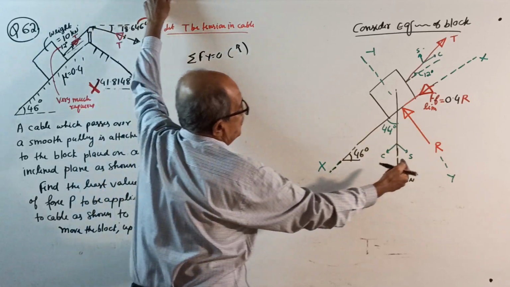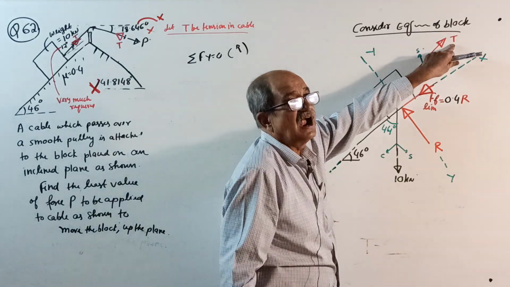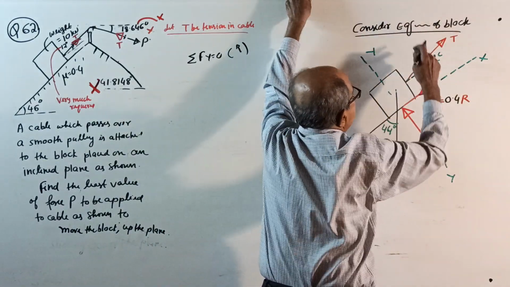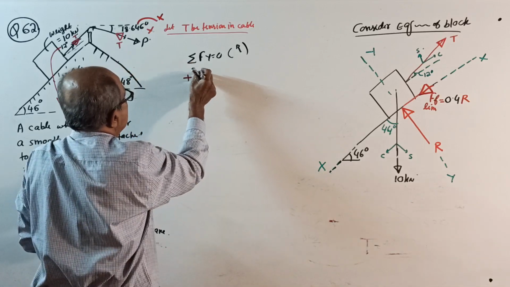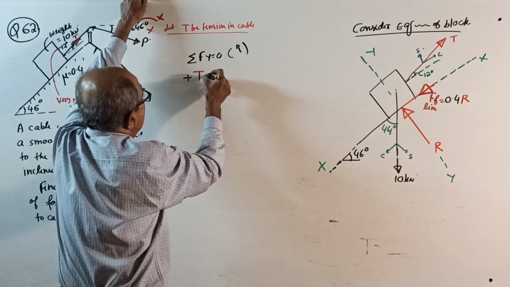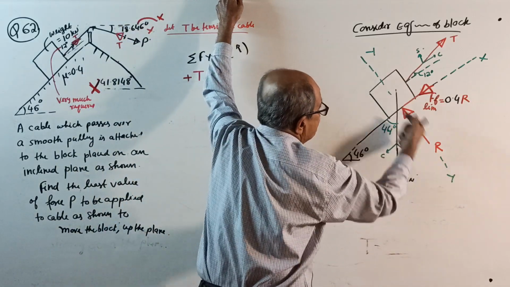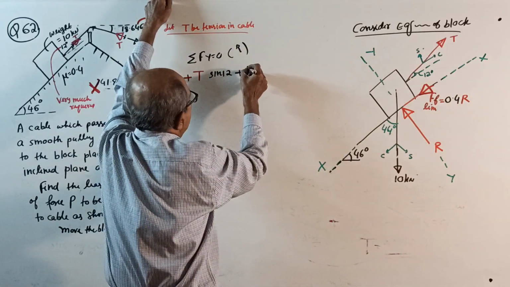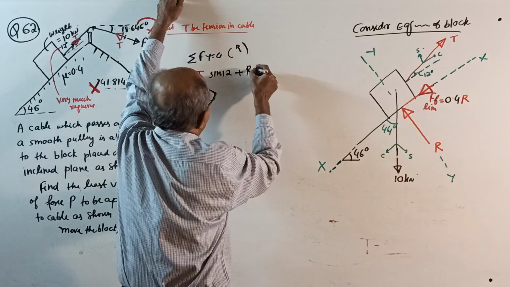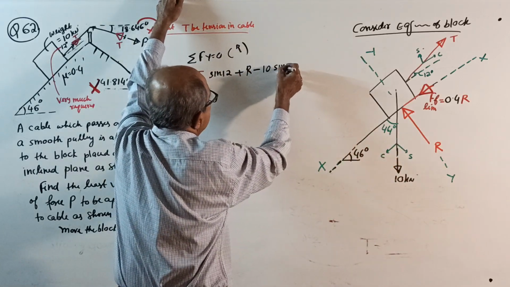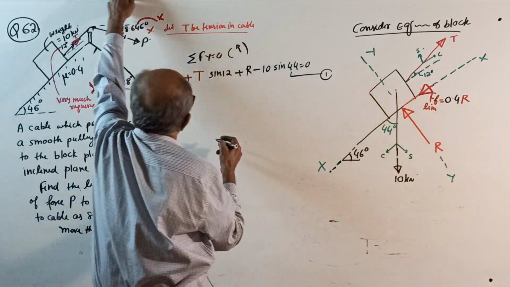Plus R. Since the unknown is T, start from T: plus T sine 12, plus R minus 10 sine 44 equals 0. Call this equation number 1.